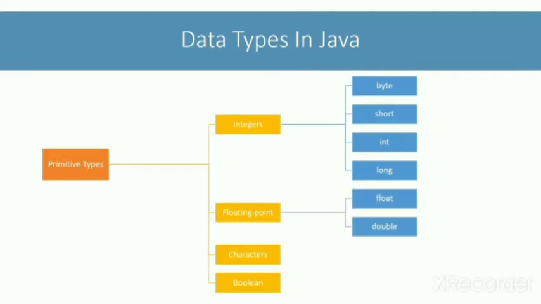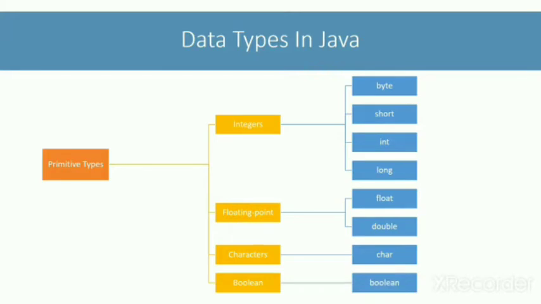The characters group represents the characters like the name of students in our student result sheet example. There is only one data type present in this group, char. The boolean group represents the true-false kind of data like the promoted column in our student result sheet example. This group too has only one data type, boolean, which can either have the value true or false.